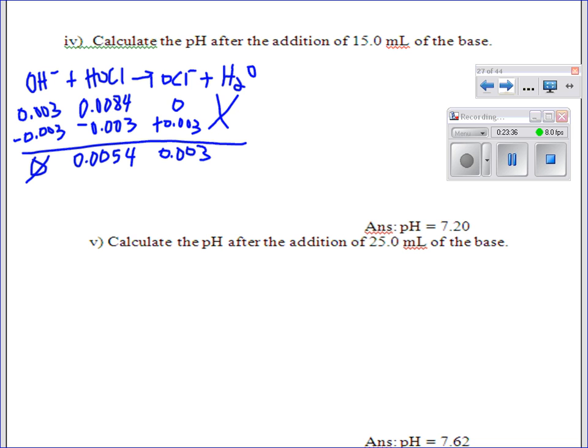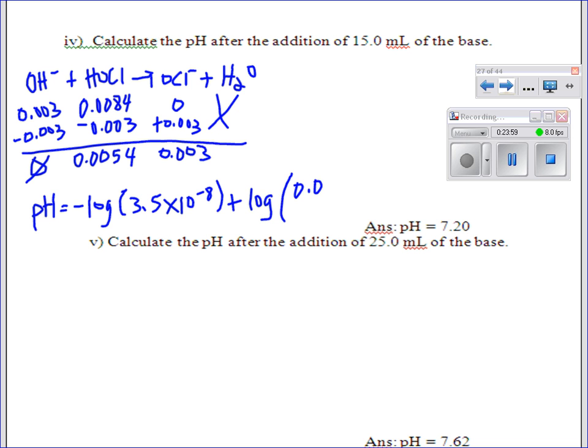So pH is equal to negative log of 3.5 times 10 to the negative 8 plus the log of what? Good.